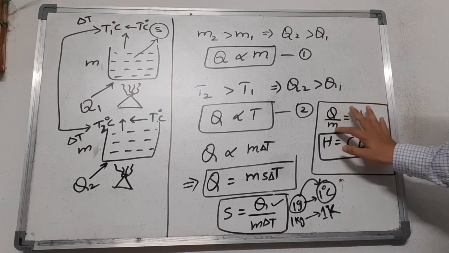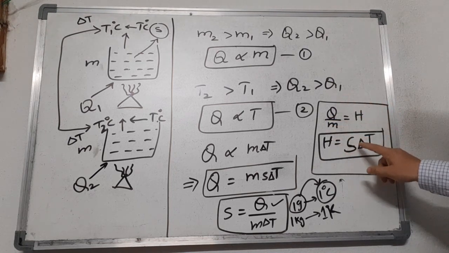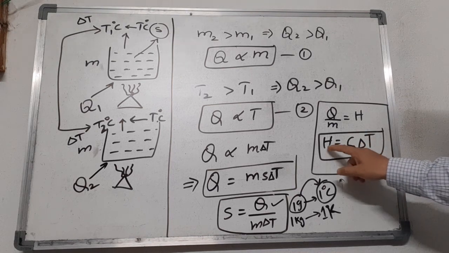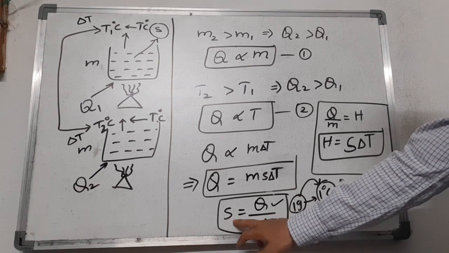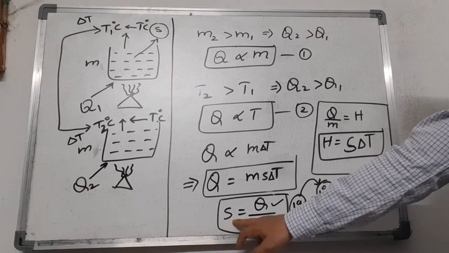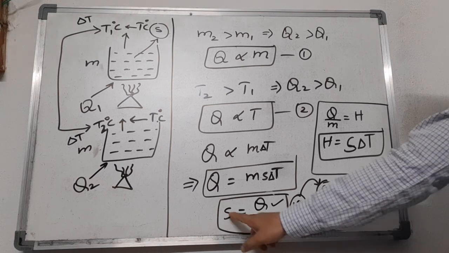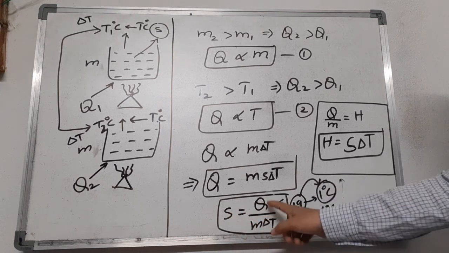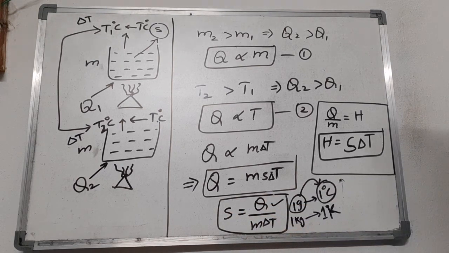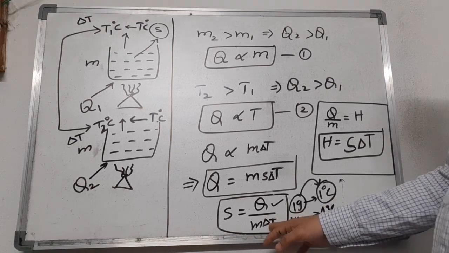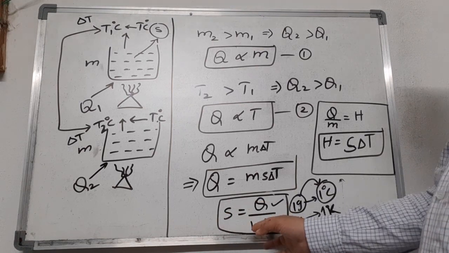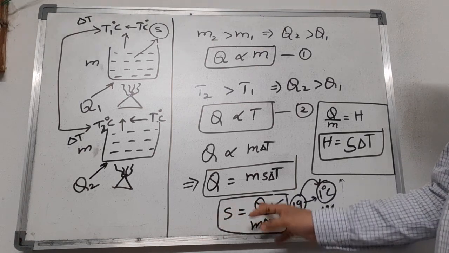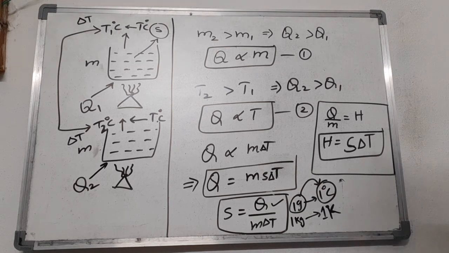Right. The whole mass is considered here. So that's why you won't see mass in the formula for heat capacity. Specific heat is multiplied with mass, then we get Q by m. So specific heat is multiplied with the temperature, right? And Q by m is called the heat capacity, right? So like this we can calculate the heat capacity.